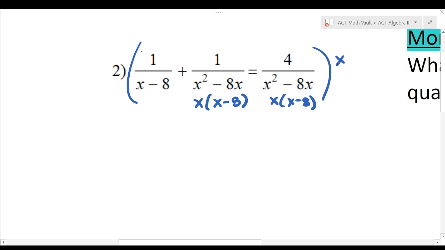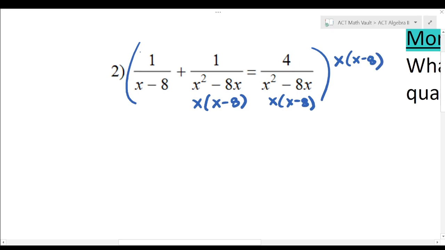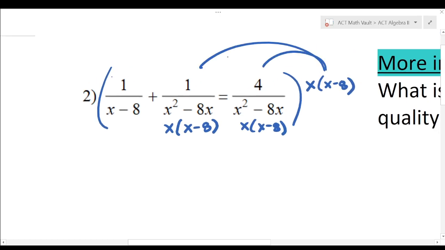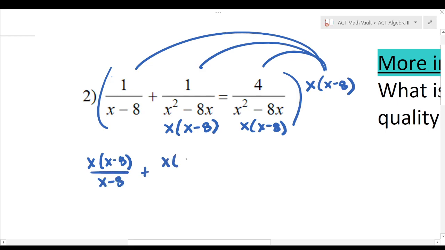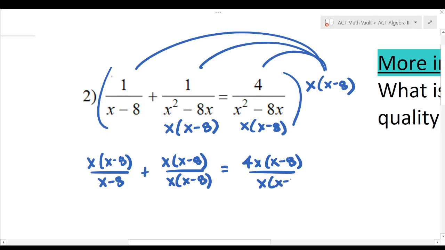Well, I need an x to knock out the denominators here, and then I need also an x minus 8. So if I start multiplying that all in, I'm getting x times x minus 8 over x minus 8 plus x minus 8, x minus 8 equals 4x minus 8, x minus 8.